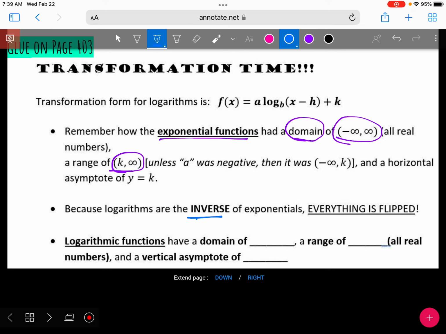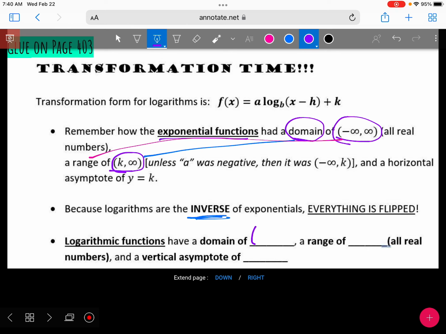Since logarithms are the inverse, what was X becomes my Y. What was Y becomes my X. So you can do this without ever having to do logarithm stuff by knowing our exponentials well.